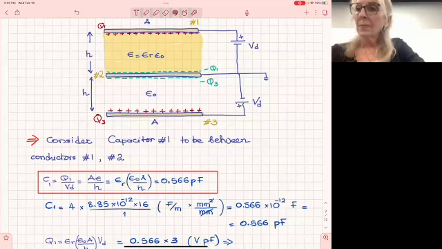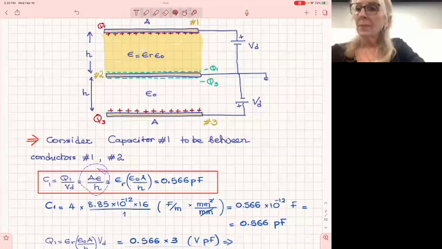The formula only depends on the geometry and epsilon. So we can find the capacitance from the geometry. This is area, A, and the distance, and epsilon. So this is our capacitance, all right? A times epsilon.